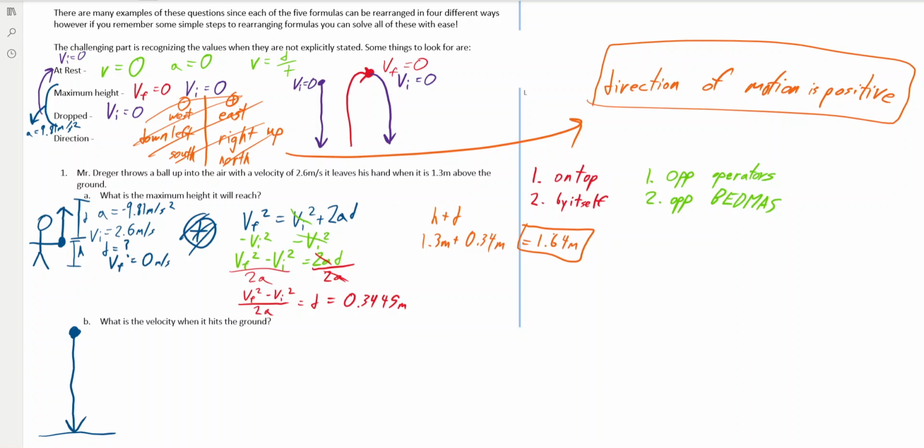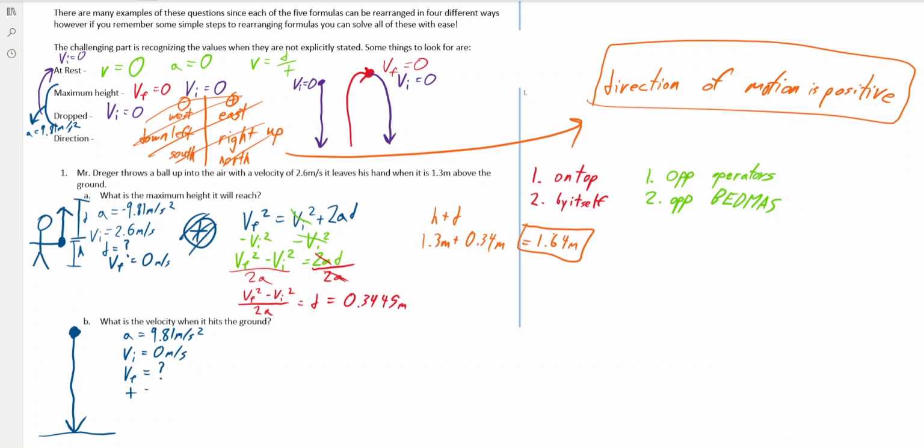So it's just a very basic ball drop question, where the direction of motion is down, so we can call that 9.81 meters per second squared. That would be acceleration. Okay, and VI is 0 meters per second because it's starting at the top. VF is unknown, but it's actually being asked for, so that's good.